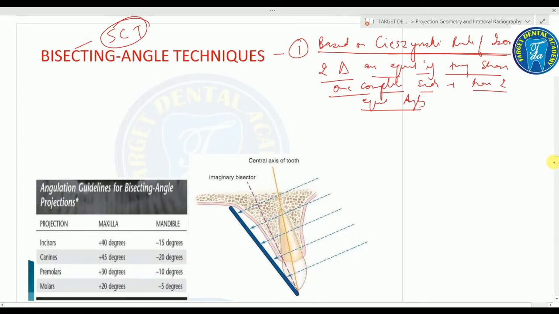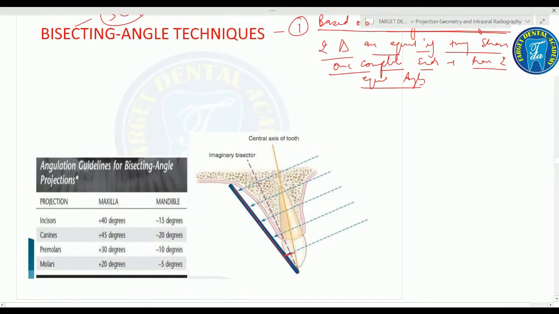Right? So in this method, the film is placed as close to the teeth as possible without deforming. When the film is in position, it is not parallel to the long axis of the teeth. See, this is the long axis of the teeth and this is the film.